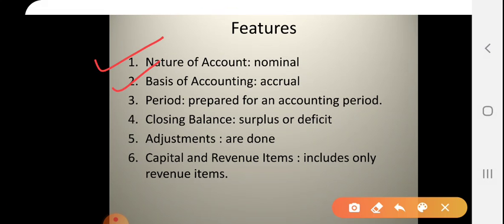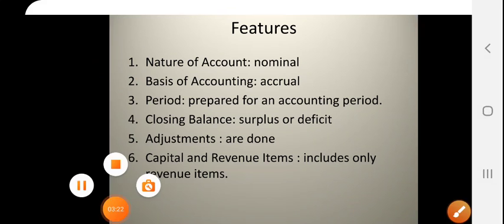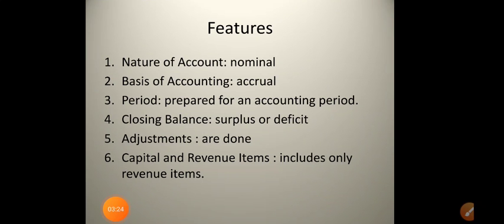Basis of accounting as accrual means we do adjustments in the income and expenditure account. Receipt and payment account is prepared on a cash basis, so it doesn't require any adjustment.